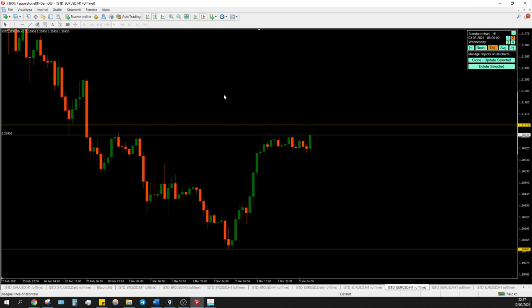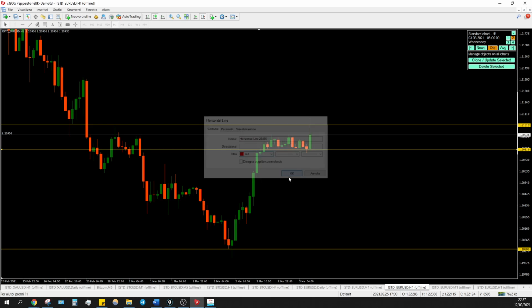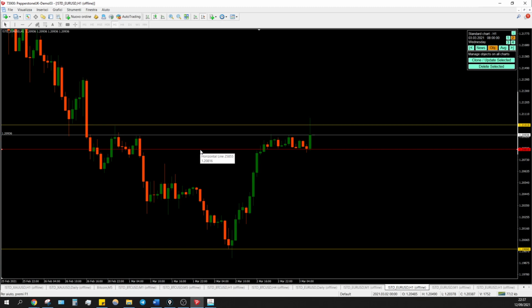So the key levels that I want to possibly take advantage of are this one. I don't want to be ahead. Okay. And of course, the key level.